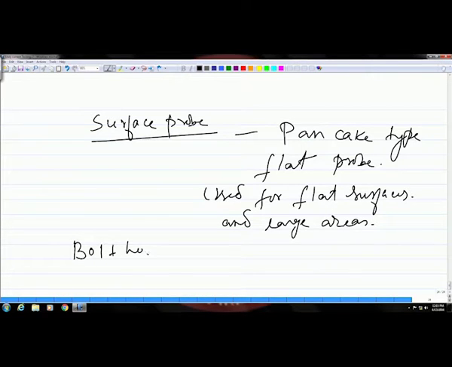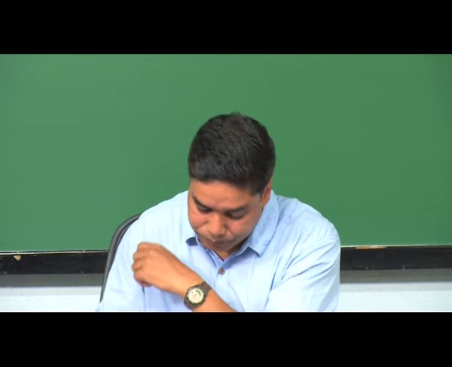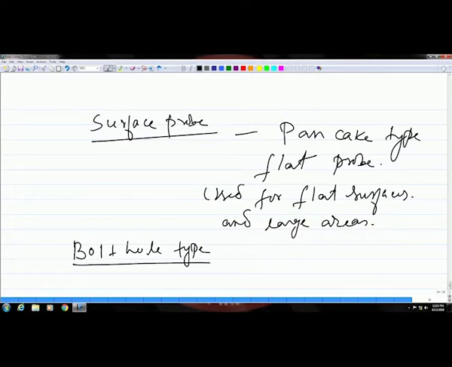So, you have this bolt hole type or pencil type probes which can be inserted inside a hole to inspect the inner diameter. So, construction wise, this is a coil mounted inside a cylindrical housing.